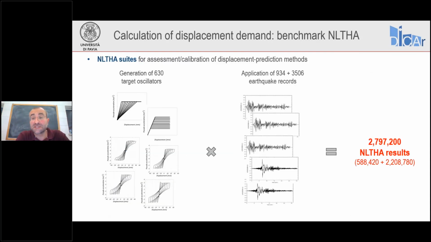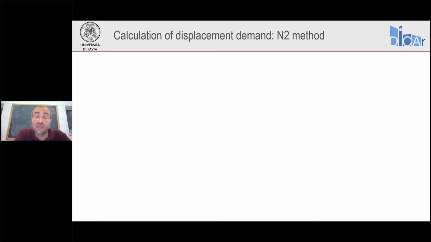This allowed us to have about 2.8 million nonlinear time history analysis results to be used for checking the accuracy of the existing N2 method and to calibrate the new M-N2 method.